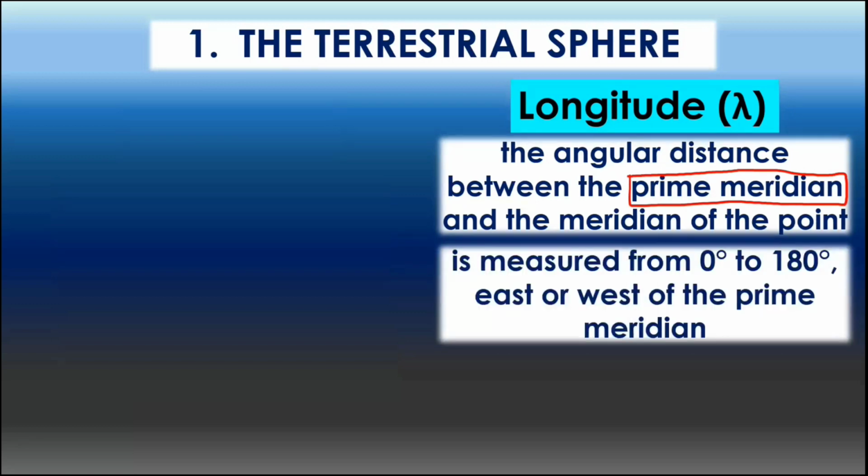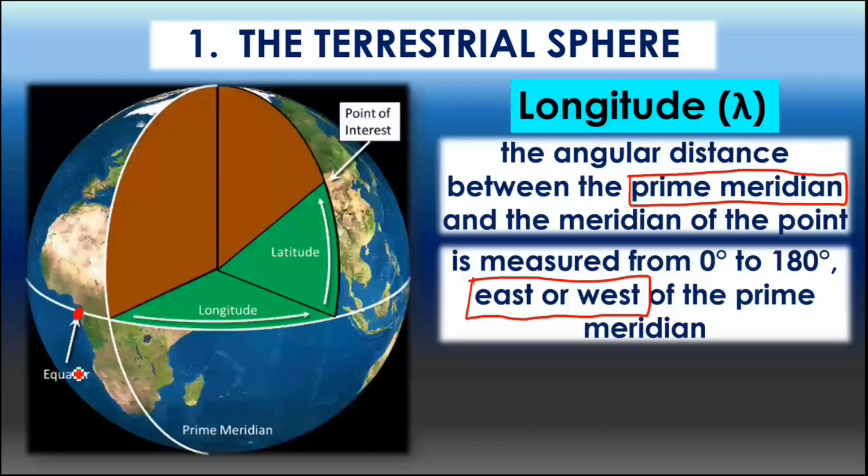And the longitude is measured from 0 degrees to 180 degrees east or west of the prime meridian. So longitude, what you need to consider is what? East or west of what? From the prime meridian. If the latitude is north or south from the equator, the longitude is east or west from the prime meridian.